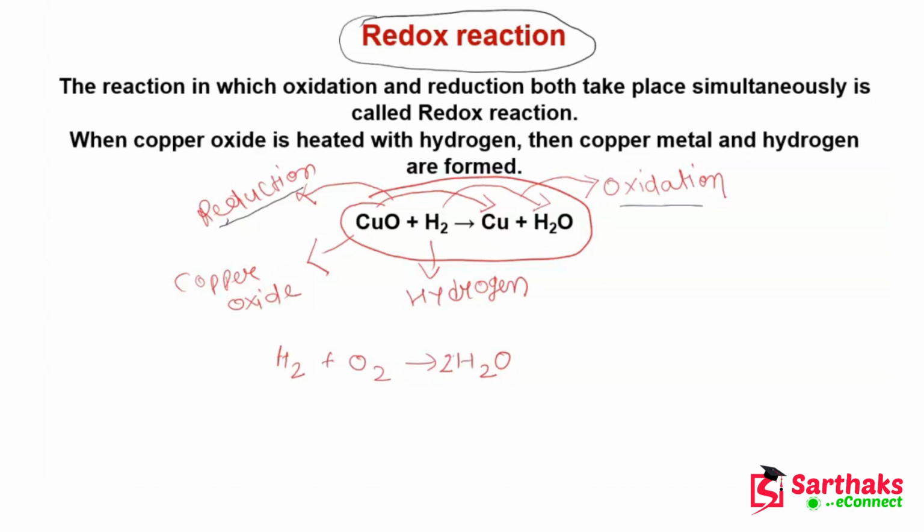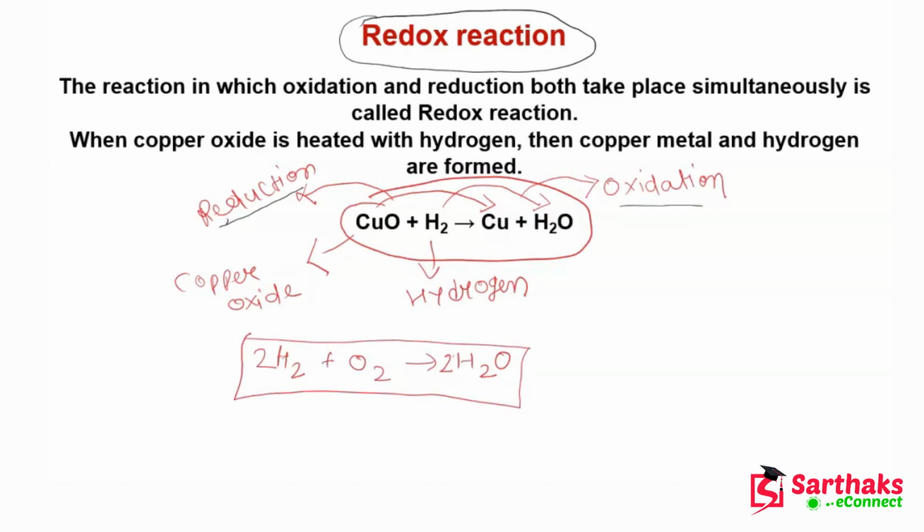You can see on both sides the number of oxygen atoms are equal. But the number of hydrogen atoms are not equal. On the right side the number of hydrogen is 4, but on the left side only 2 hydrogen atoms are present. So to balance this, let me multiply here with 2. Now this reaction is balanced.